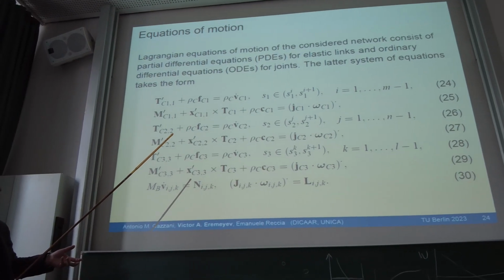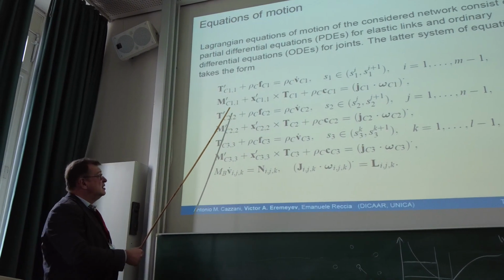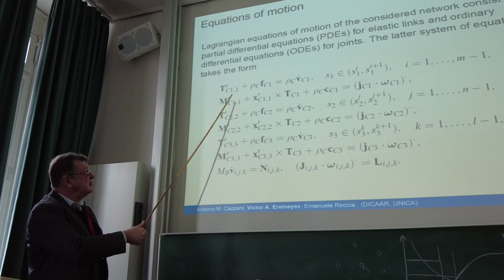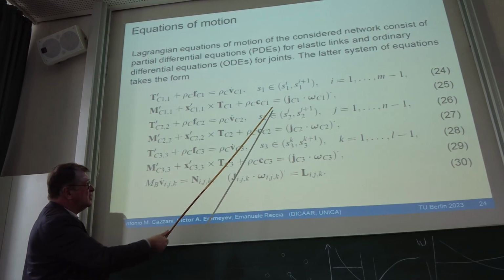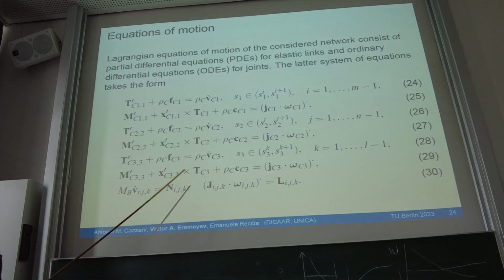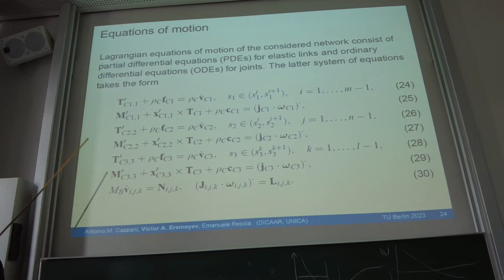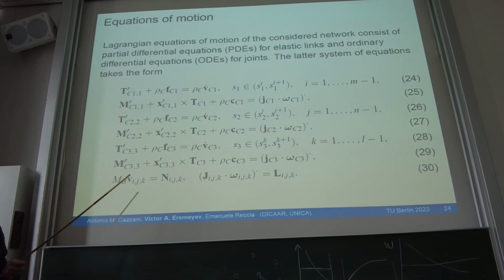Now you have a system of equations for a lot of fibers, and this prime is still a derivative, but in different directions. So you have S1, S2 and S3 as different coordinates. And of course, for simplicity, here standard Cartesian coordinates were used.